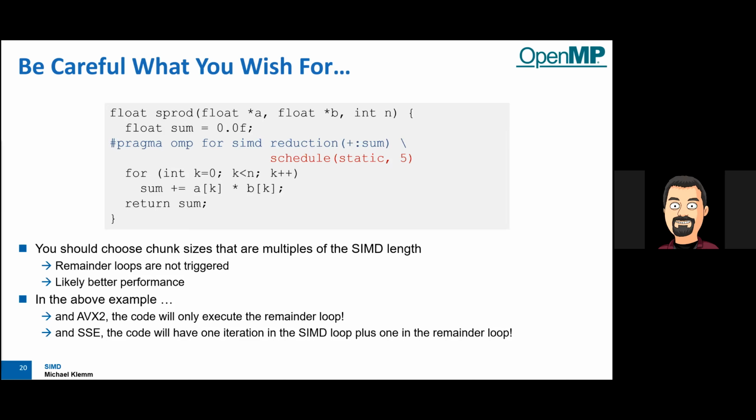And if you go back to something like SSE, which is a 4 wide vector machine for single precision floating point operations, then you will see that the code is spending one iteration in the vector loop, processing 4 elements, and then it will trigger the remainder loop, processing the last element, the excess element that is coming from this chunk size of 5.